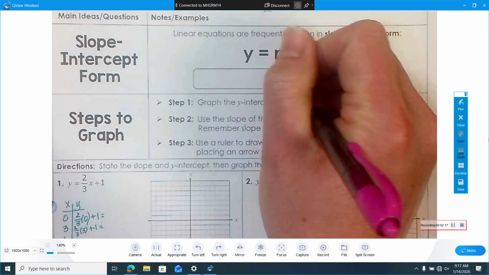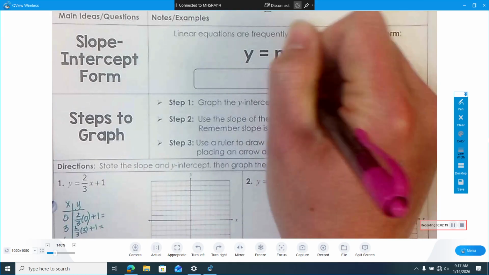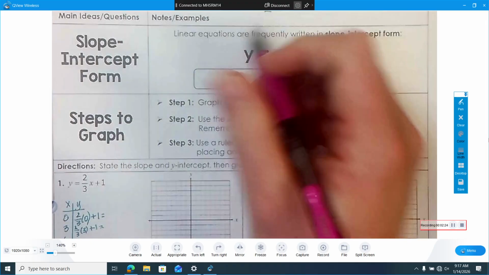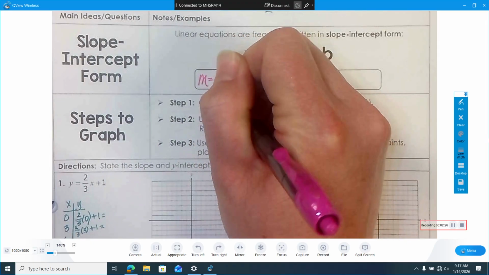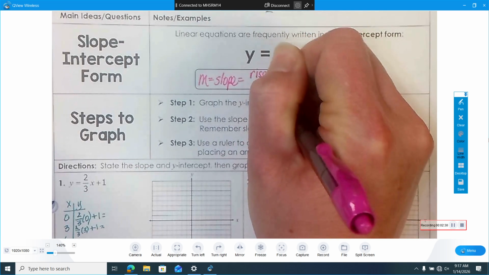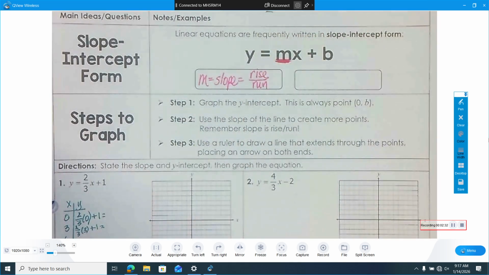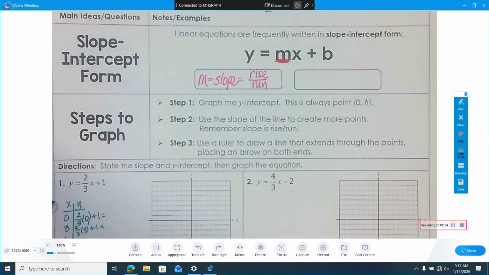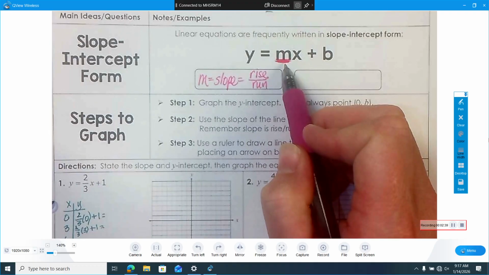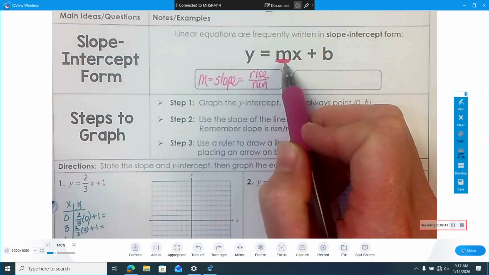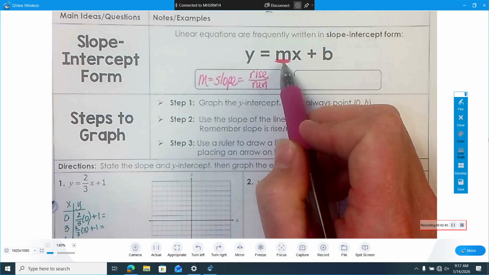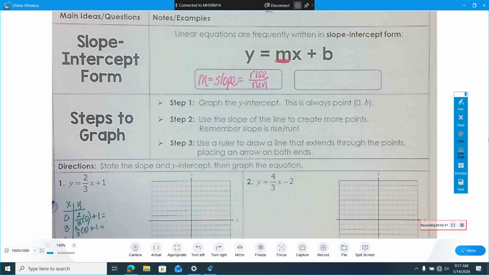So m, will you please take one of your colors and underline that m? m equals our slope, which, as you said, is rise over run. m is our slope. m is the number in front of the x. It's the coefficient of x. Does slope include the x? It doesn't. It's just the m.